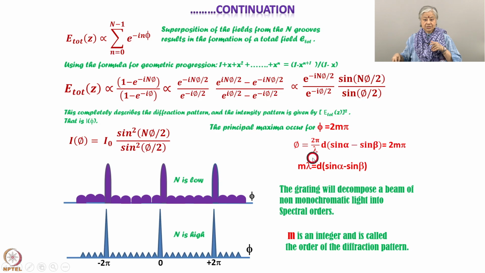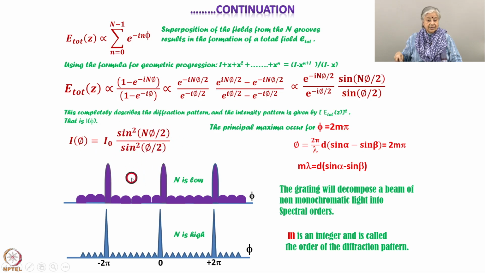So, this is phi. The intensity at some particular phi, depending on the integer m, is given by I0 sin squared (N phi by 2) upon sin squared (phi by 2). So, this is what the intensity will look like.